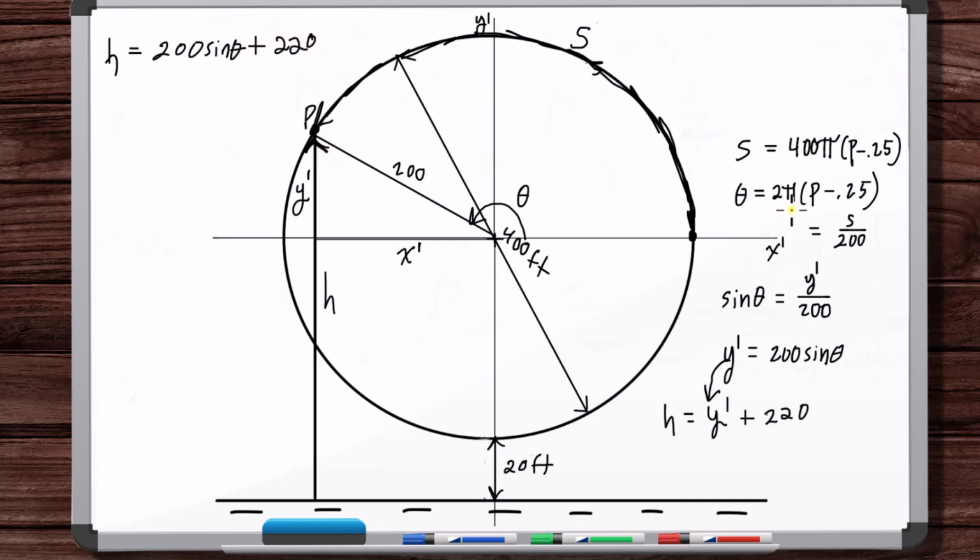But theta is 2 pi times p minus 0.25. And there you go.